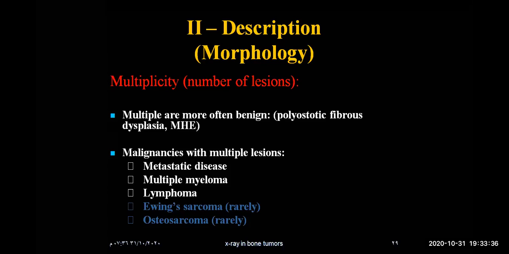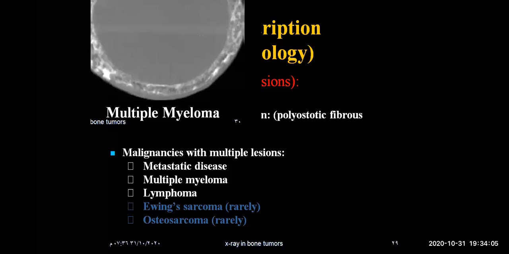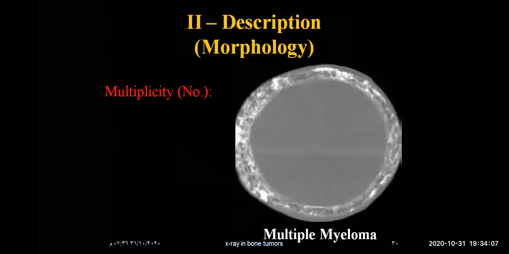In malignancy, the strong examples are metastatic disease, multiple myeloma, and other bone tumors such as lymphoma and leukemia. Sometimes Ewing sarcoma and osteosarcoma are also found to be multiple, what is known as synchronous or metachronous osteosarcoma. This is multiple myeloma.